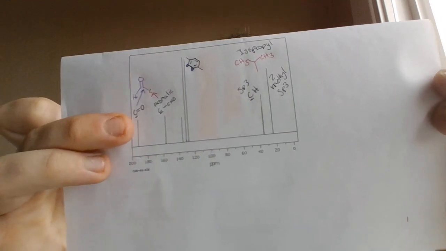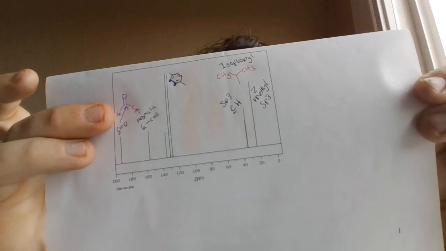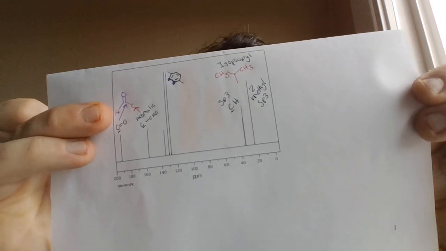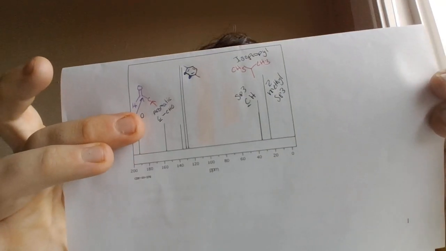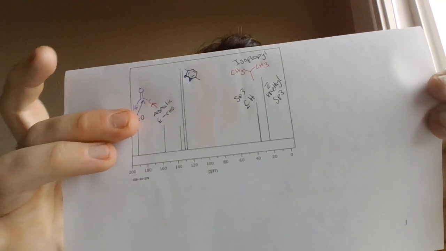The carbon at 192 is the carbonyl carbon that has a double bond to the oxygen.